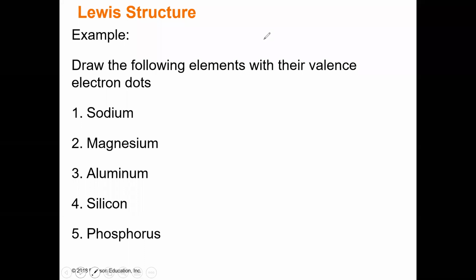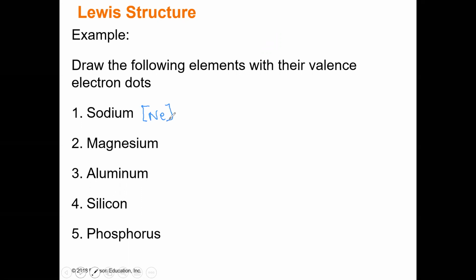All right, let's do this together. We have sodium. Now there are different ways to determine how many valence electrons sodium has. One is by writing out its electron configuration. So I will write the condensed noble gas configuration for sodium. The nearest noble gas was neon.